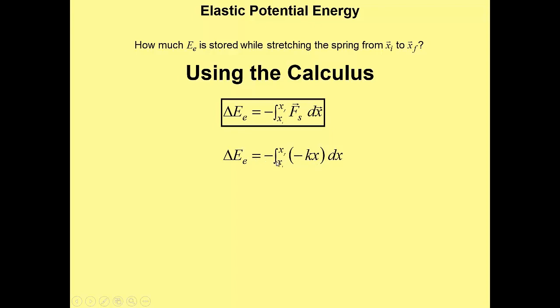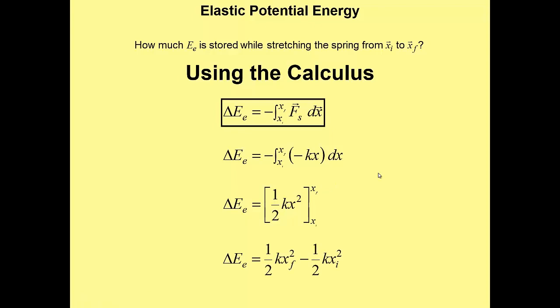The negatives cancel. k is a constant. So we are left with the integral of x with respect to x, which I hope you know is just 1/2 times the constant times x squared, using the power rule, evaluated from xi to xf, which is, of course, exactly what we got before, analyzing the graph.